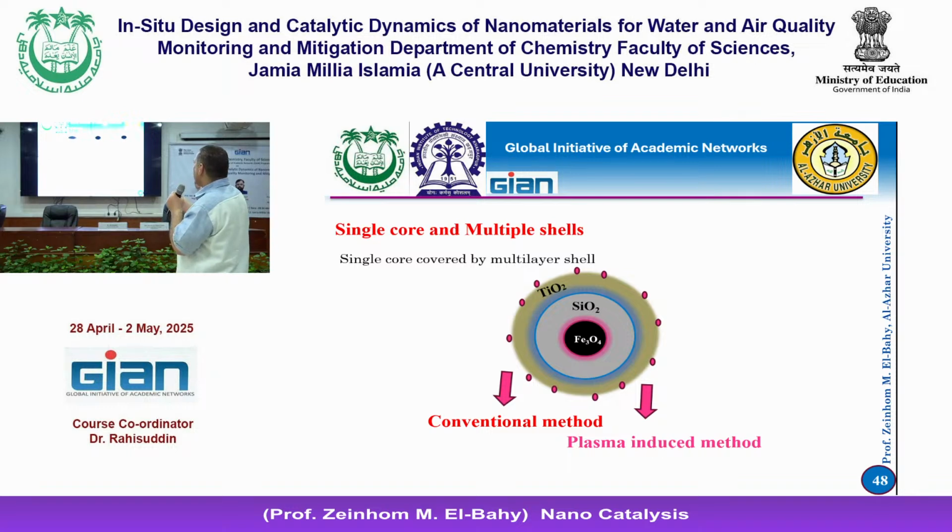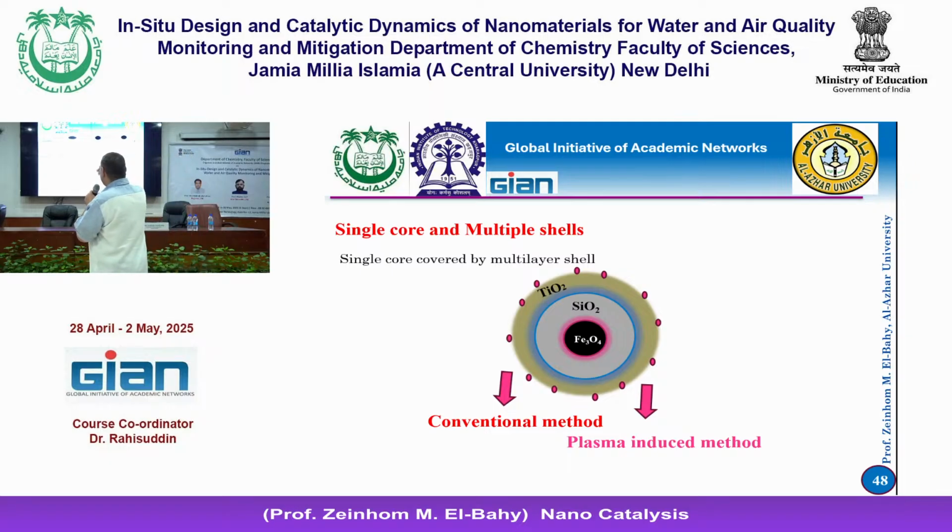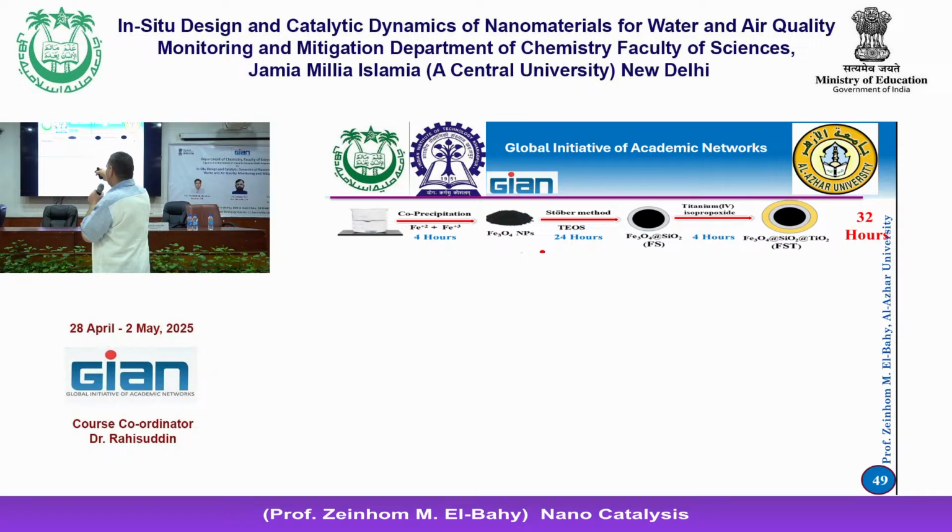Let me show you. This is how we prepared it. We prepared magnetite by mixing both ferrous and ferric for some time, making co-precipitation, and we obtained magnetite as nanoparticles like this.